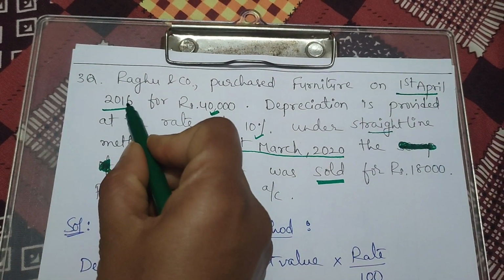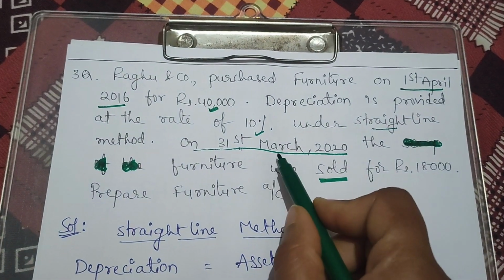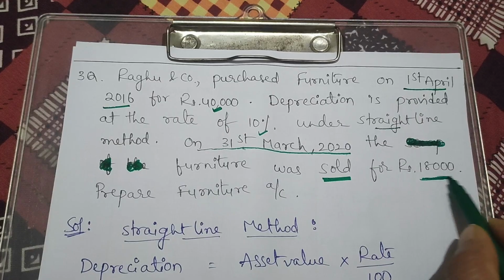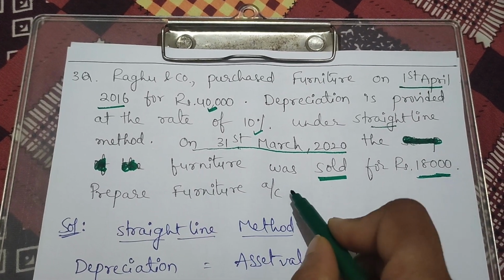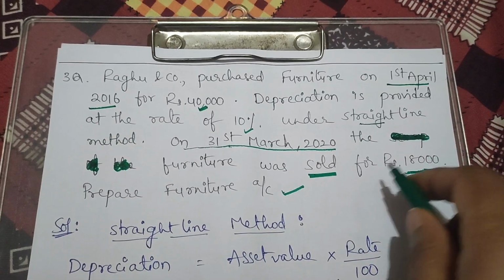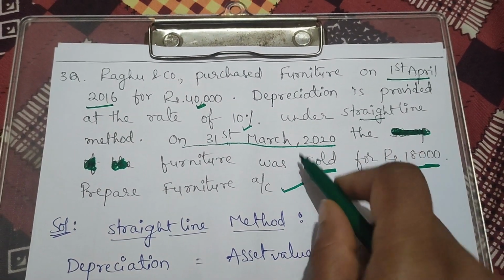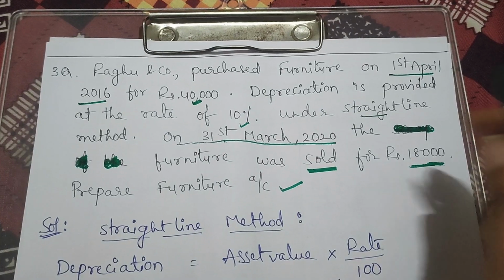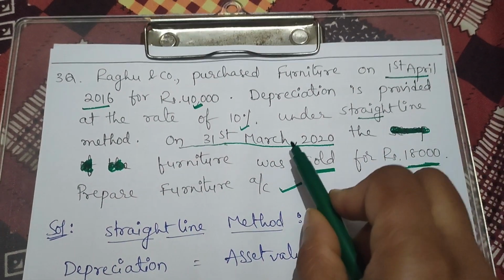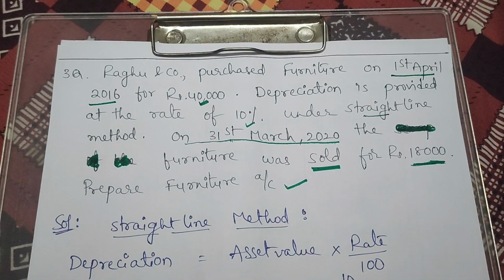They purchased in 2016 and they are selling in 2020 for 18,000 rupees. It is the selling price. Prepare furniture account. So we have to prepare furniture account till the sale. Till we get this date, then we have to stop. After that we will stop the preparation of account.